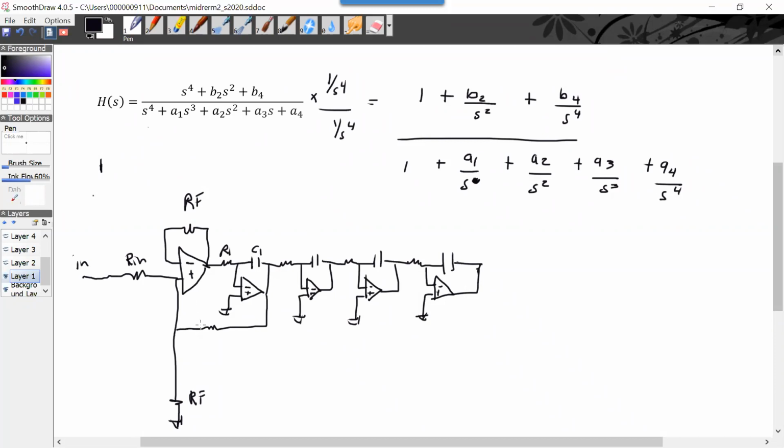So negative into the positive side keeps it positive. But now this is depending on R2, C2, R1, C1, but it's positive. We need negative feedback. So we have to bring it into the inverting side.